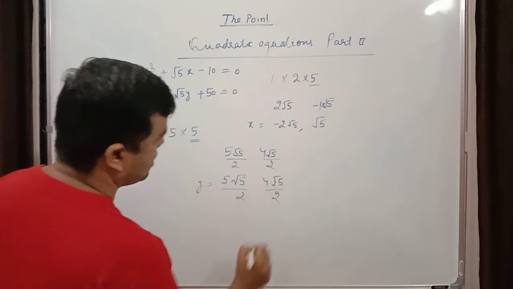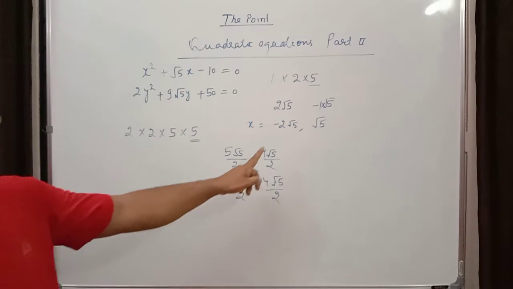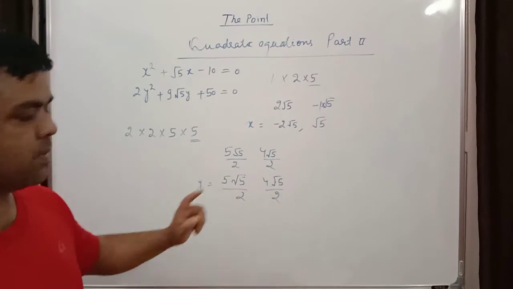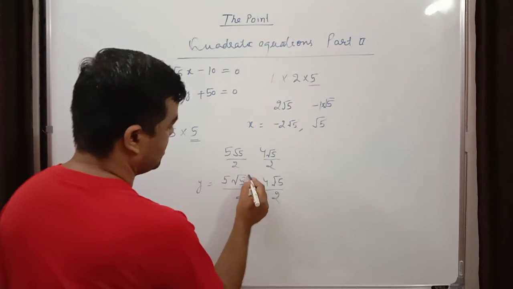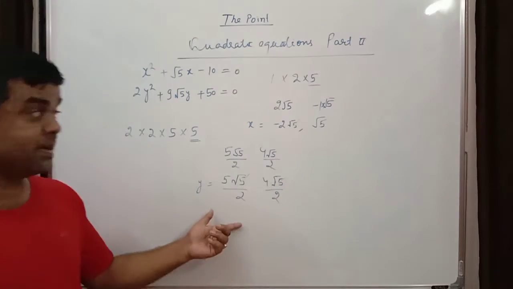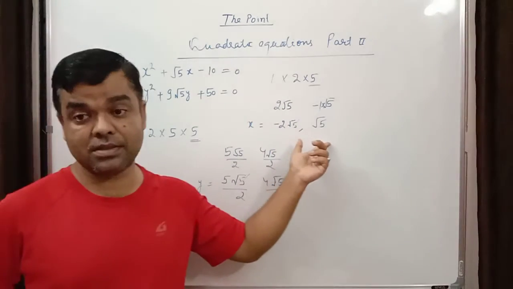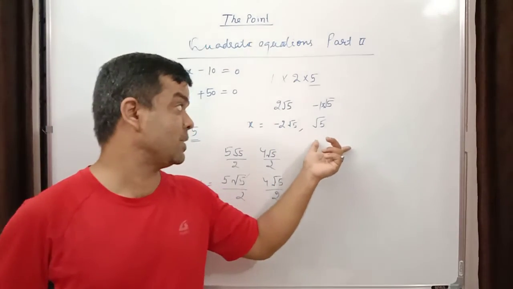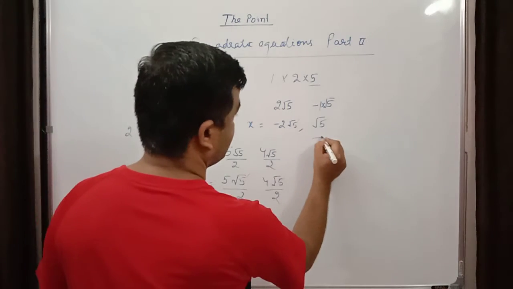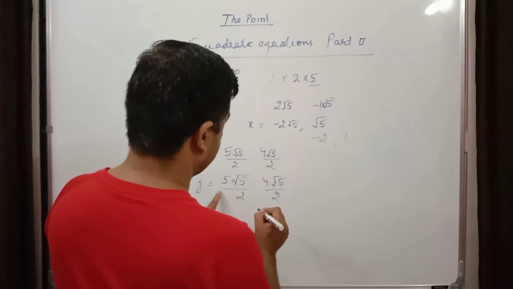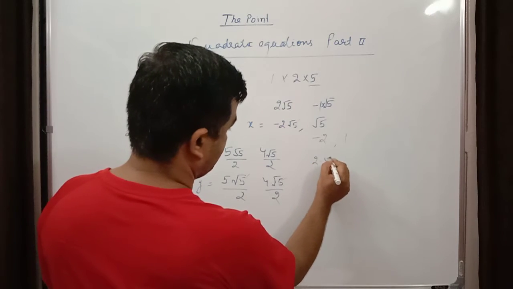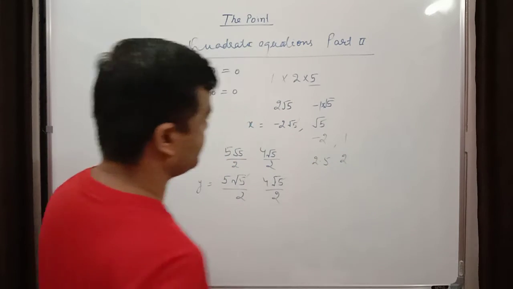Now see, here root 5, here root 5, root 5, root 5, everywhere is root 5. So root 5 can be cancelled. It will be cancelled when there is the same root everywhere. Otherwise it will not be cancelled. Now simplify: 2, 1, these are the roots of x, and roots of y, 5 by 2 means 2.5 and 2.